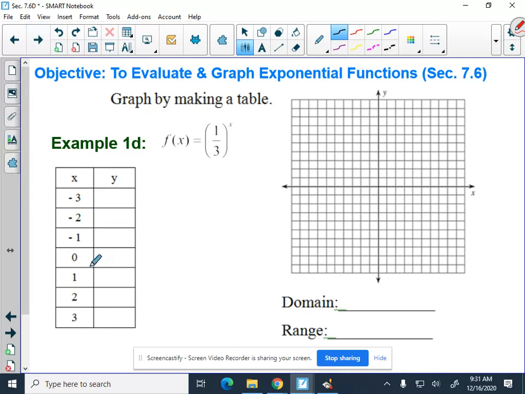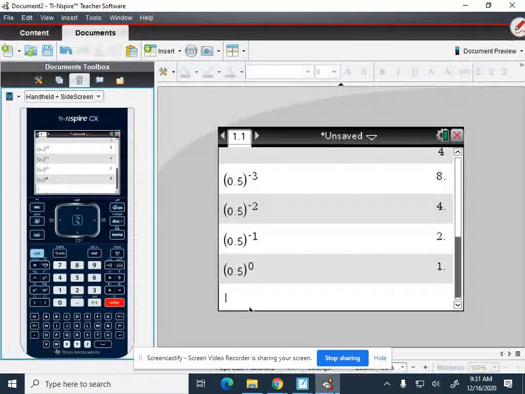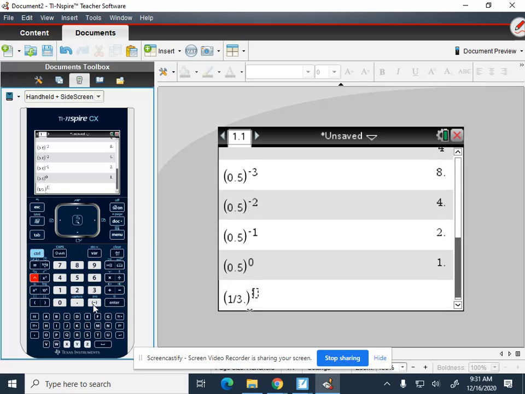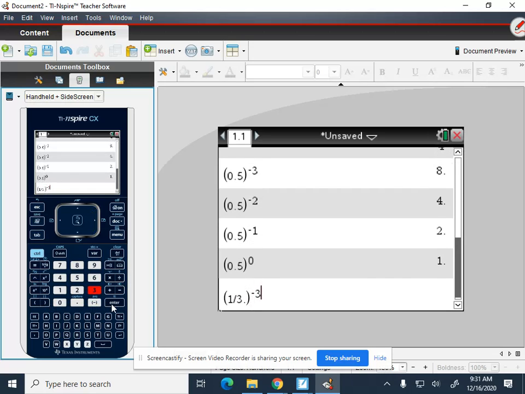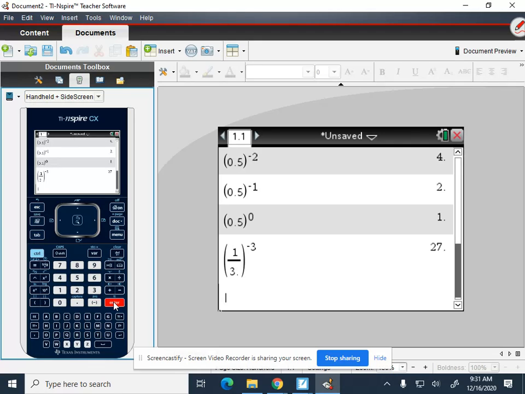Okay. Next one. f(x) equals (1/3) to the x. So parenthesis 1 over 3. I'm going to put a dot on here. By putting the dot, it's going to make it a decimal if it needs to. So that one gets 27.